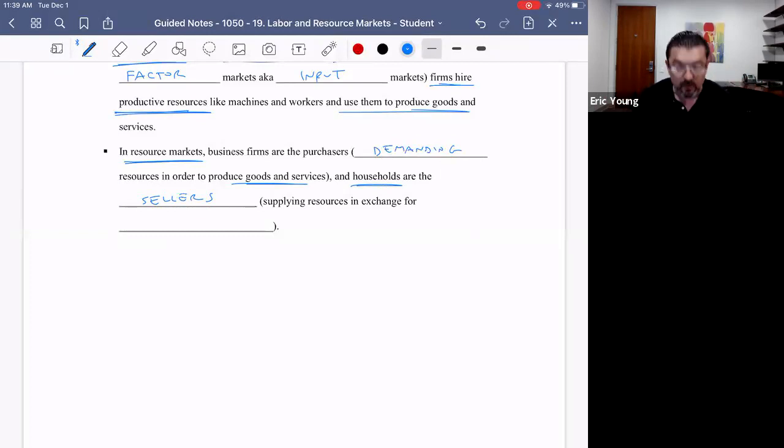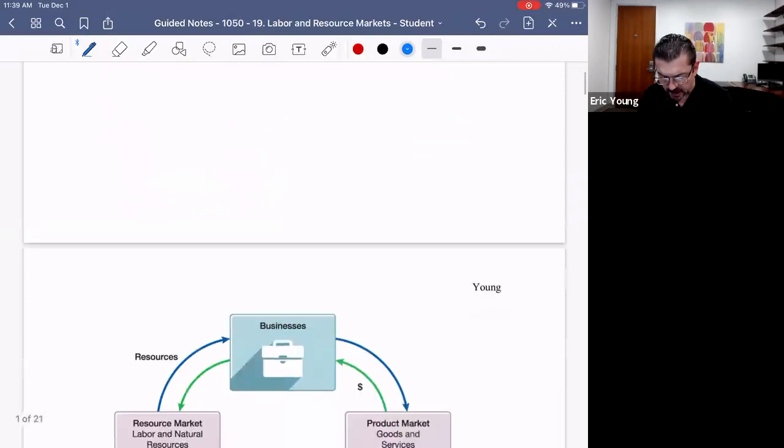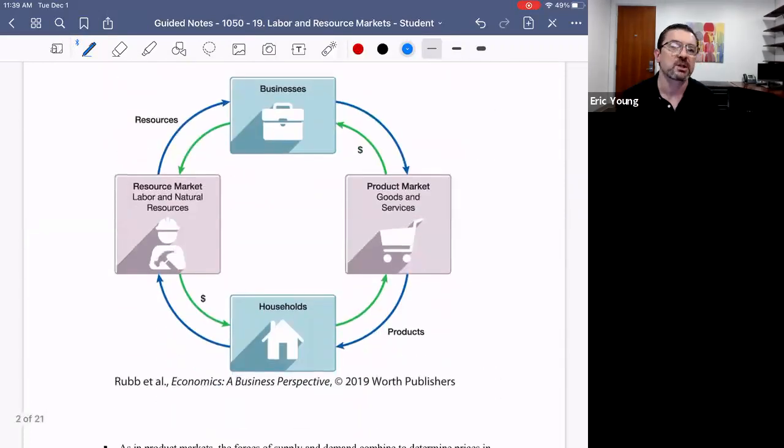We supply them, we sell them to firms in exchange for income. So it's really important to understand that in a resource market, the traditional roles of supplier and demander are flipped around. Households, we're supplying the resources that we own. Firms, they're demanding them and buying them, or renting them from us.